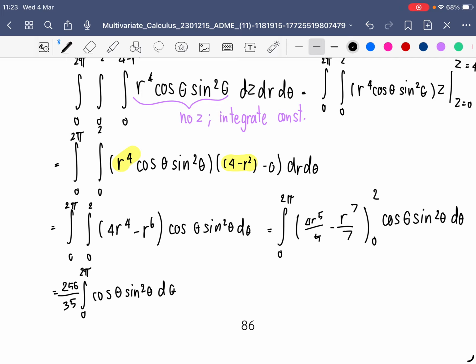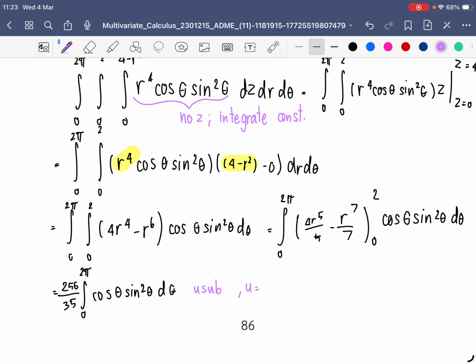I want to do this question to the end just to point out where you have to use some technique of integrating trigonometric functions. I'm not sure if you remember how to integrate this. Integrate cos sine squared d theta. You substitute, right? Take u as sine theta. du is cos theta d theta.